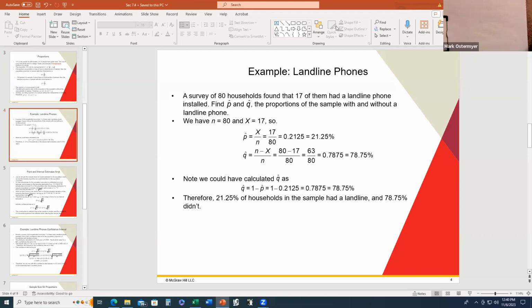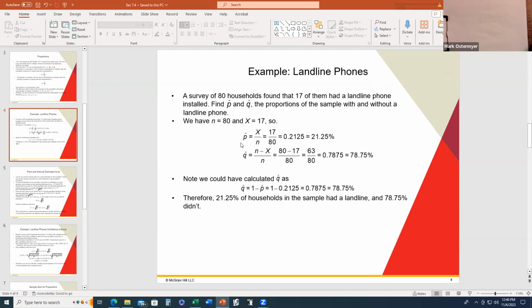All right, here's an example. A survey of 80 households found that 17 of them had a landline phone installed. Find P hat and Q hat, the proportions of the sample with and without a landline phone. So our sample size is 80, and of the 80 households, 17 have landlines. That is the characteristic of interest or the thing of interest.